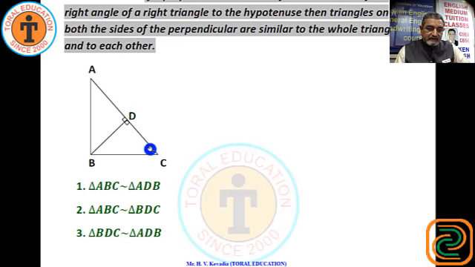Angle C equals angle B in this triangle ABD. So by angle similarity, it is proved. And this BD is the perpendicular drawn on the hypotenuse. We have to remember only these results, nothing else, only these results.